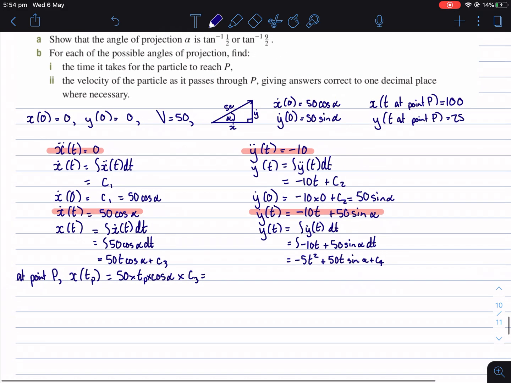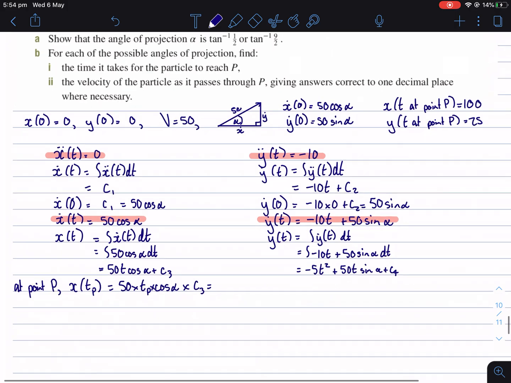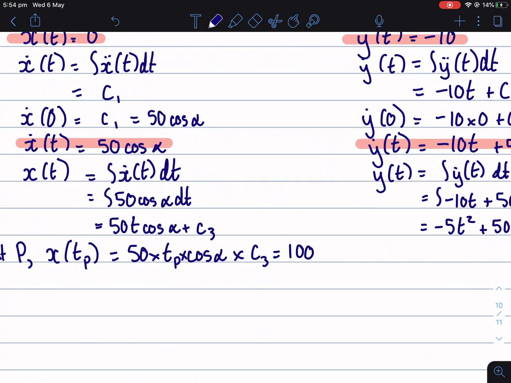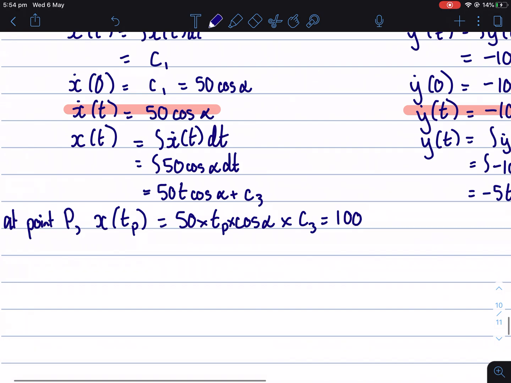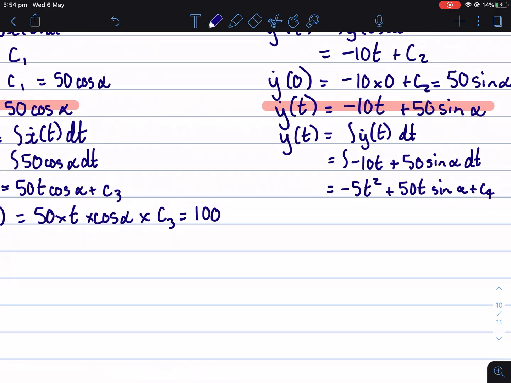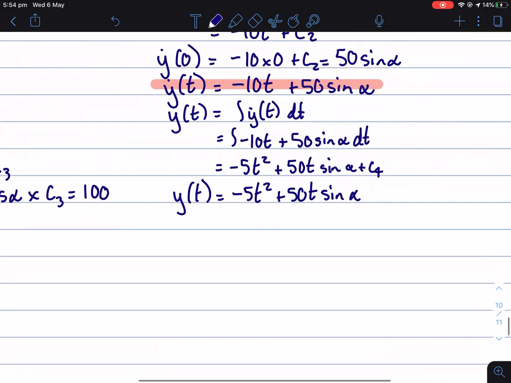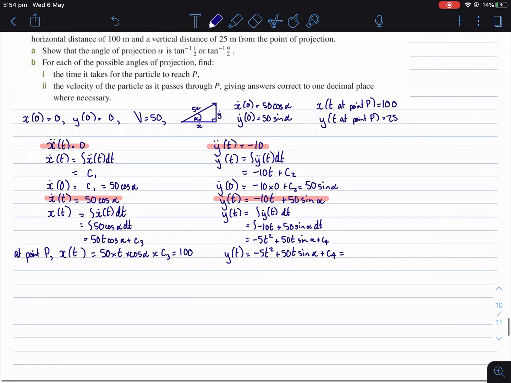X at that point is 100. I'm going to get rid of these P's. That's just confusing me. And I know y at that point P, same t, equals 25.